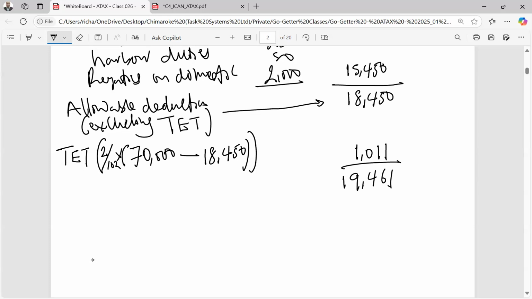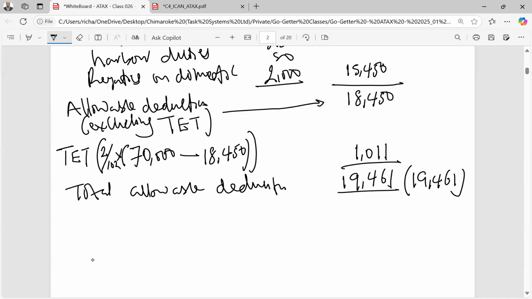So this is your total allowable deduction, 19,461.